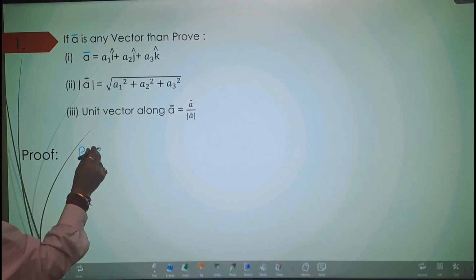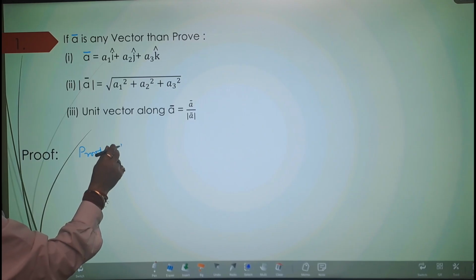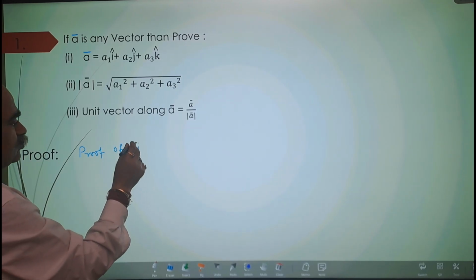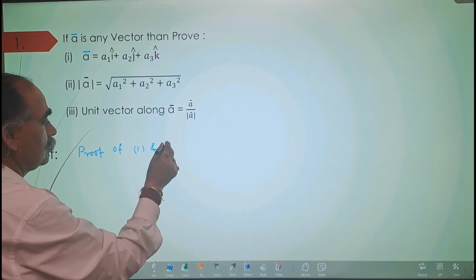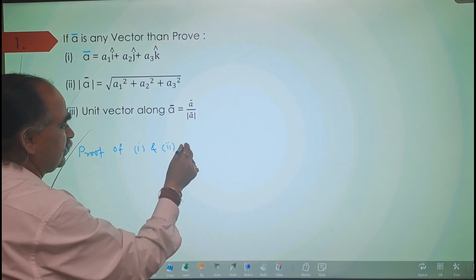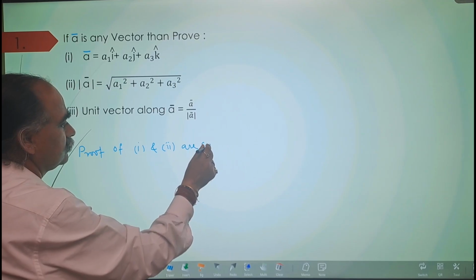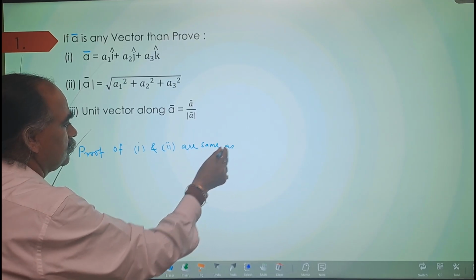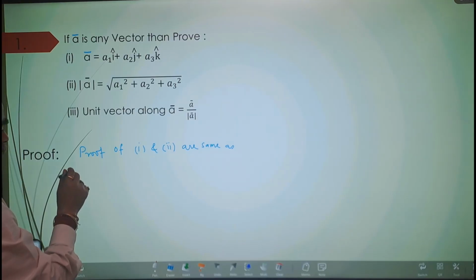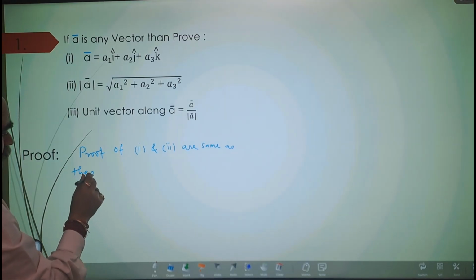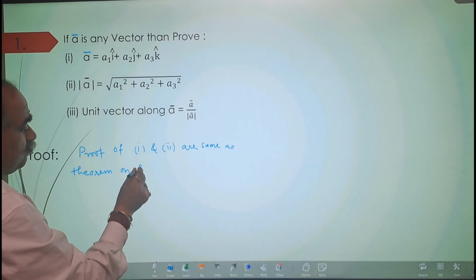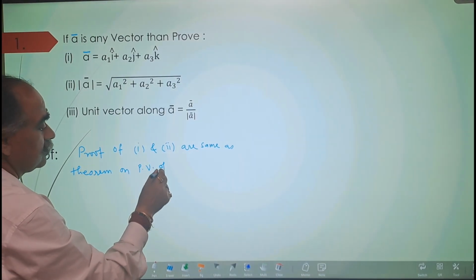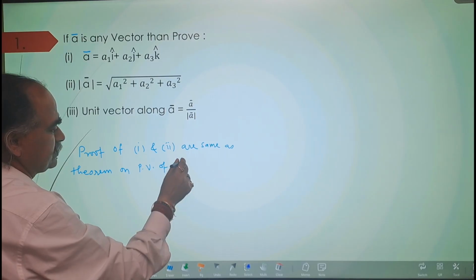Proof of 1 and 2 are same as theorem on position vector of a point.